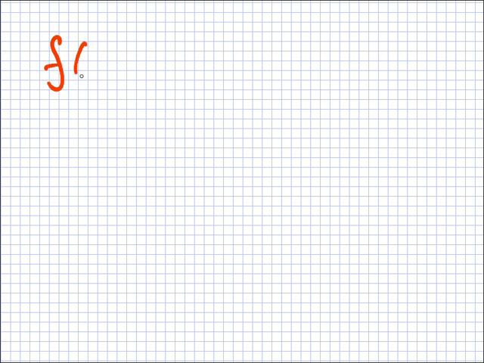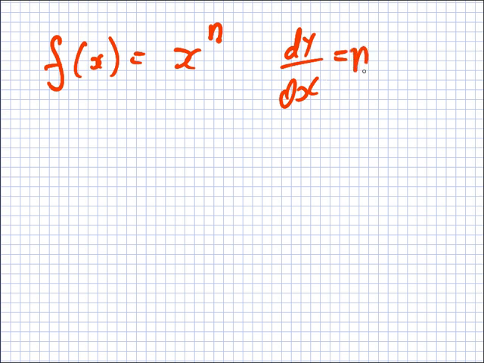You have the function x to the power n, and you would like to know its derivative. Some of you already know the answer, but at this point we really don't know, so we'll have to work it out. Once we work it out, we'll have a rule that we can use for x to any power.